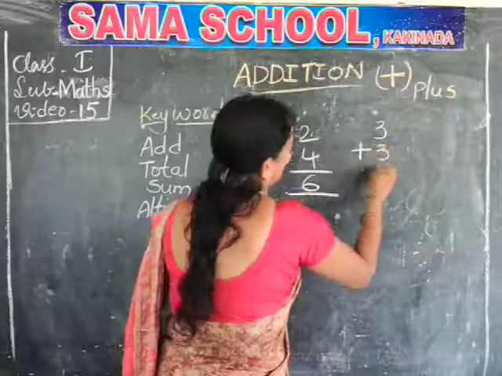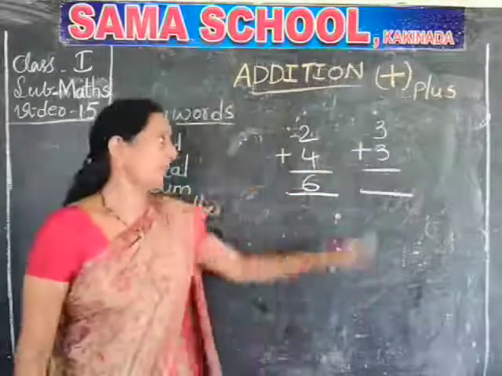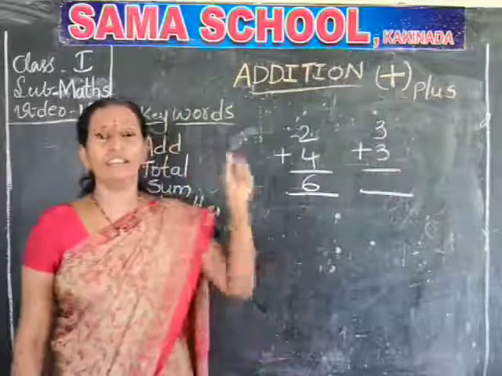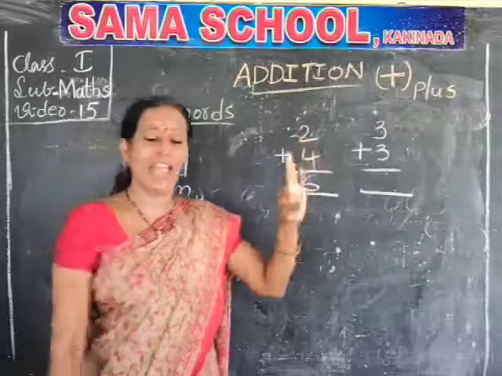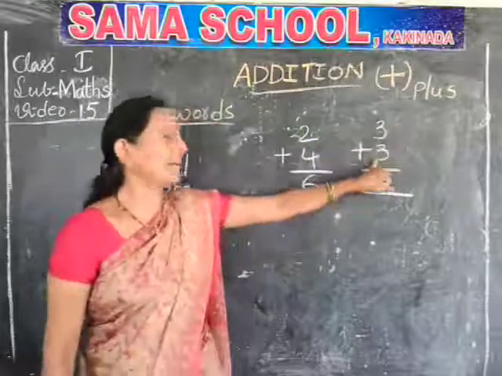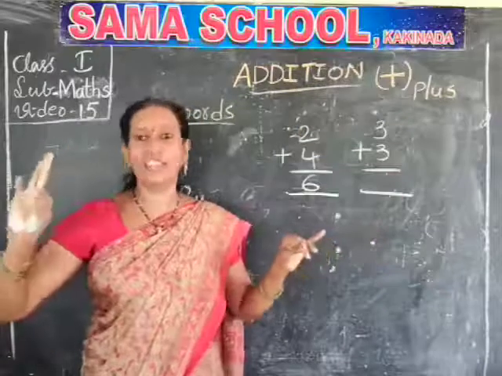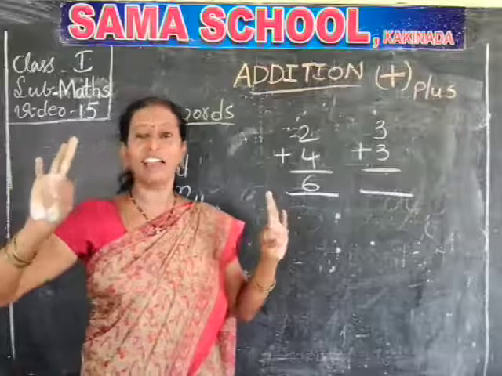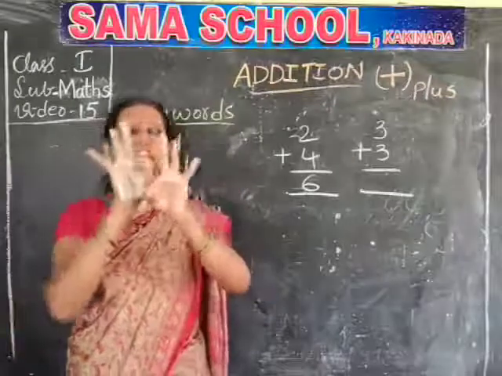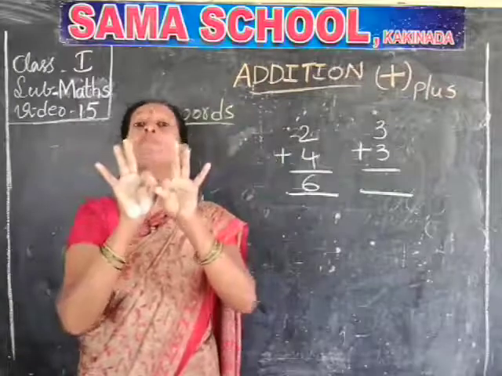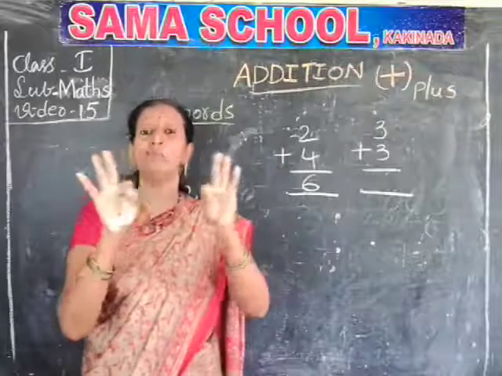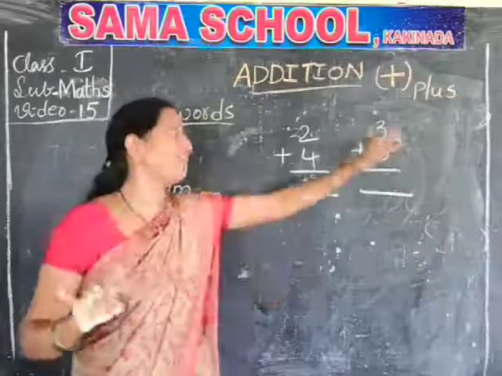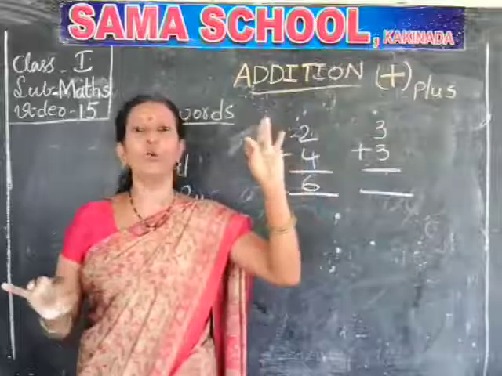3 plus 3. See this. Now you take 3 fingers in one hand. And again, what is the number? 3 fingers in another hand. Now you do this. These two are combined, meaning joining these two numbers. So 1, 2, 3.